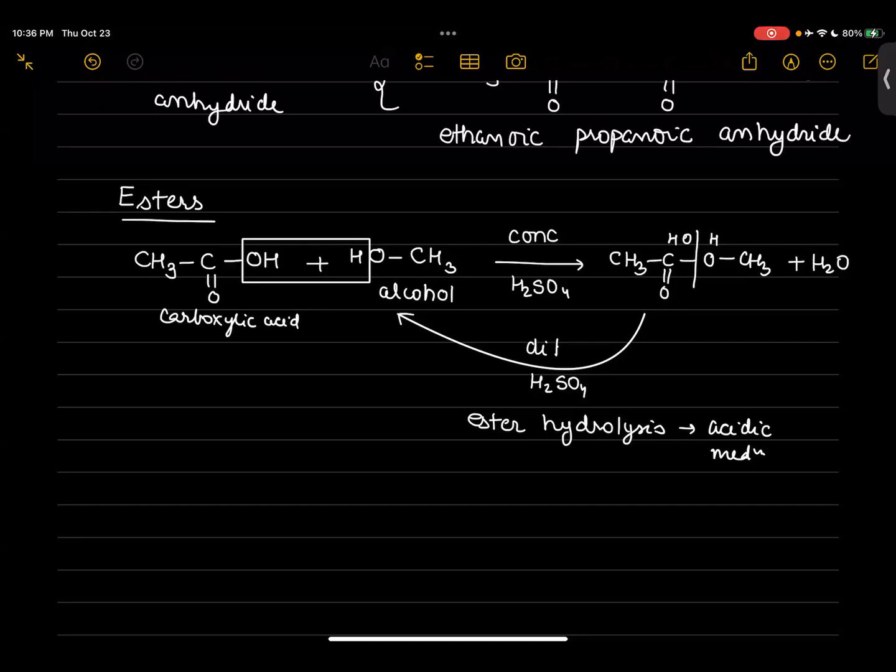Is it clear? It is a reversible reaction. It can happen in both directions. Got it?